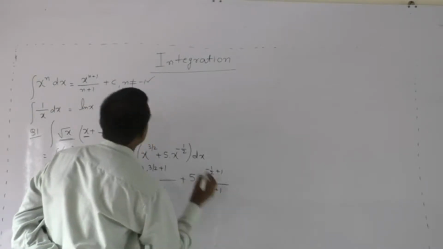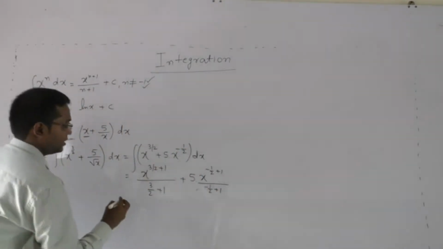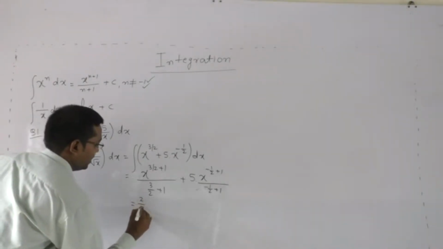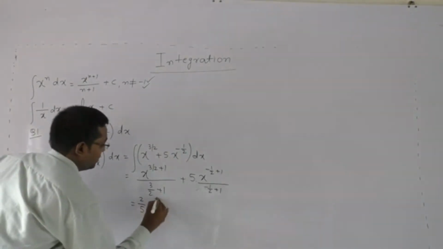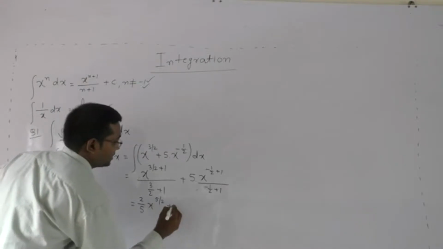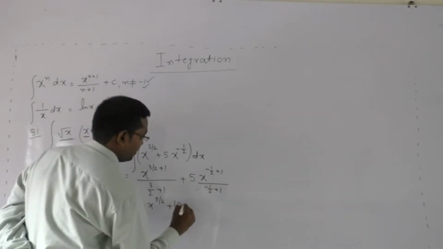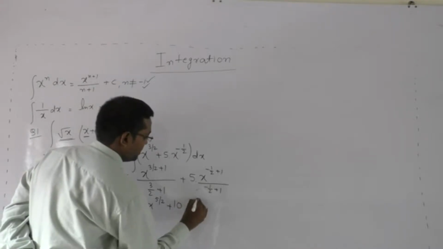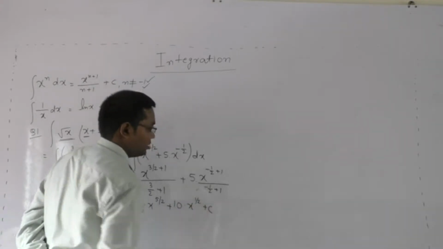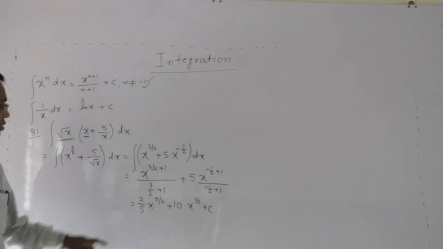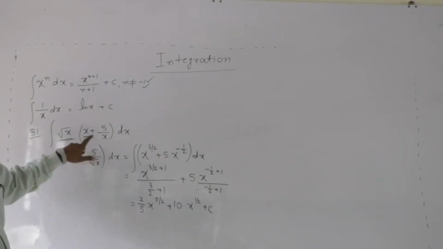I am just using this formula to solve this integration. After simplifying we will get 2 by 5 x raised 5 by 2 plus 10 into x raised half plus an integral constant. So this is the integration of this function.